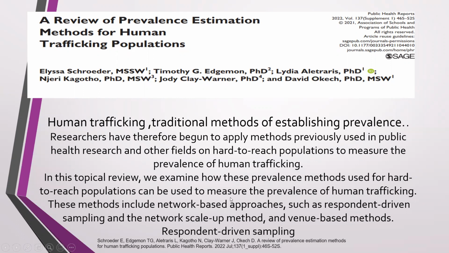Now, for human trafficking, new methods have been included, like network-based approaches such as respondent-driven sampling and the network scale-up methods, and venue-based methods. So one point in calculating these rates is how to get the target population. Nowadays these methods are used.